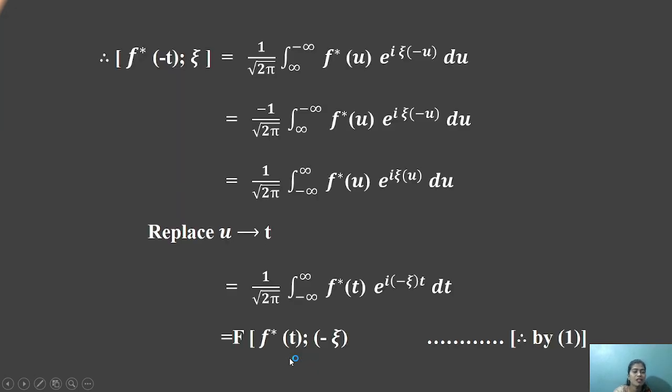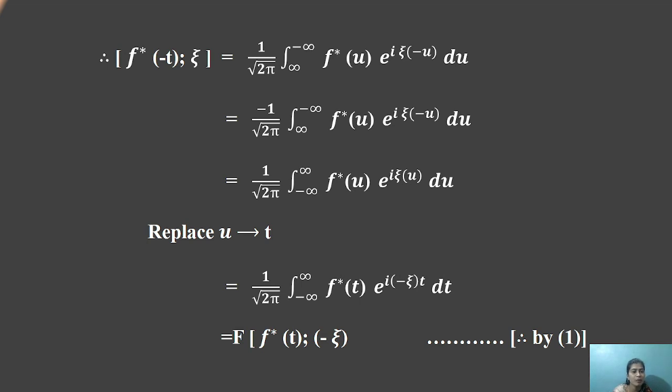Both of these conditions change. Then putting in these values, the Fourier transform of f star of minus t at xi equals 1 upon square root of 2 pi, integration from infinity to minus infinity, because both of these limits are changed. Minus infinity changes to infinity and infinity changes to minus infinity. This will be the form.